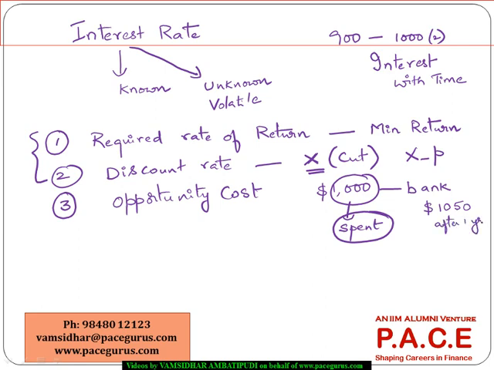Let's assume if I have spent 1000 today, I have lost an opportunity to deposit that 1000 and get 1050 after 1 year, which means the opportunity cost here is 5%. I have lost the opportunity of increasing my money by 5%, and that is what we are calling the interest rate. So interest rate could be defined in terms of opportunity cost, whatever is the value that the investor is going to forgo because of the action that has been taken.